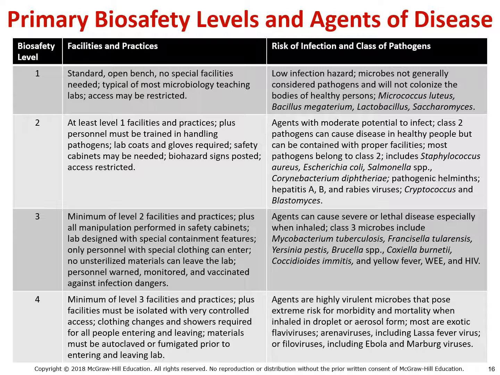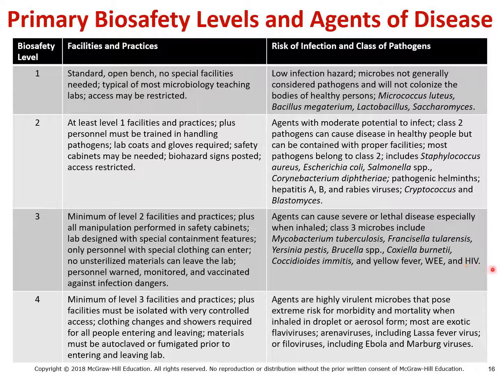At level 3, we start to see a bigger change in, again, potential risk. Now we're seeing things like TB. TB is level 3. Tularemia, caused by Francisella tularensis. Yersinia pestis is literally the plague. Coccidioides immitis, again, another pretty potentially bad pathogen.